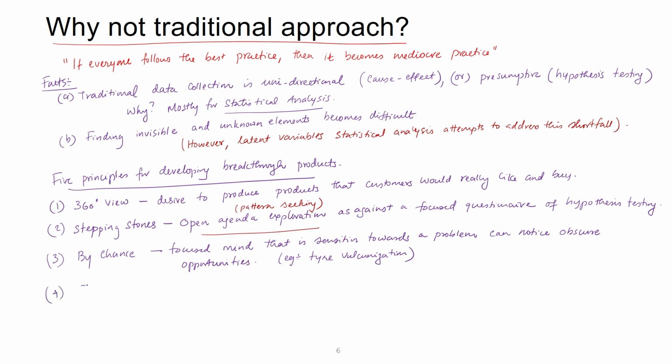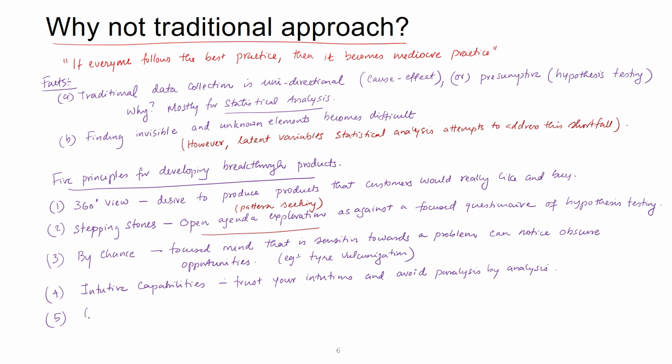Fourth, intuitive capabilities. The logic here is trust your intuitions and avoid paralysis by analysis. That is the fourth part. You trust your intuitions, and don't get into a loop of paralysis by analysis.